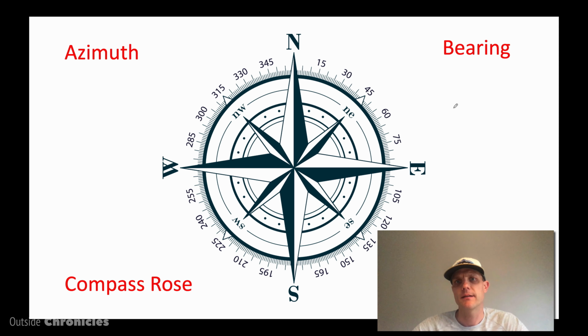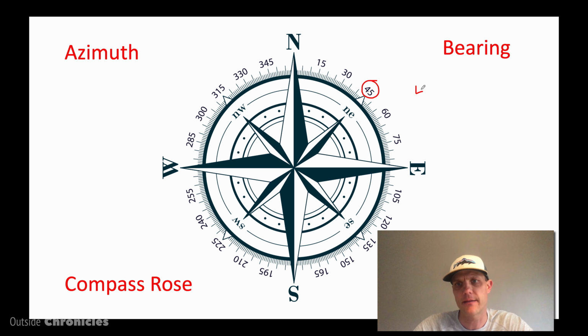A bearing is the number of degrees from one point relative to another point, whereas an azimuth is the number of degrees measured clockwise from north, with north being either 0 or 360. So as you can see, the numbers go clockwise around the compass rose. So an azimuth of 45 degrees is the same thing as a bearing of 45 degrees east of north.